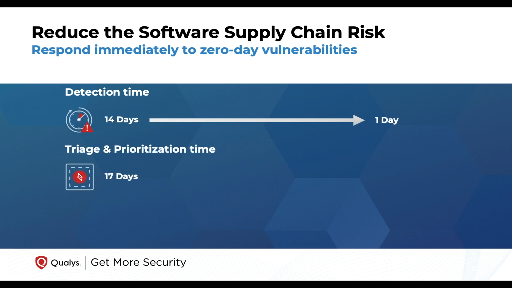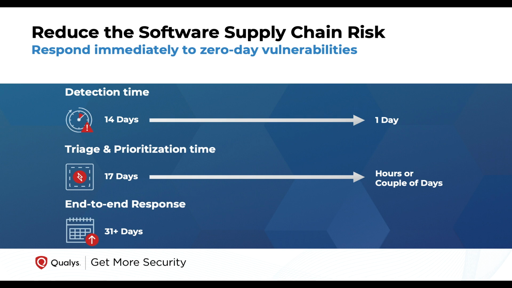In a day, you already have all of that information continuously, and then you can reduce the time taken to triage and prioritize and understand who owns these applications, because you have that data immediately. So we believe that you can reduce your end-to-end response time from 31 plus days to something between 3 and 7 days with this solution.